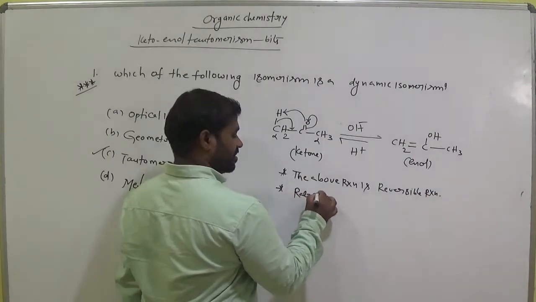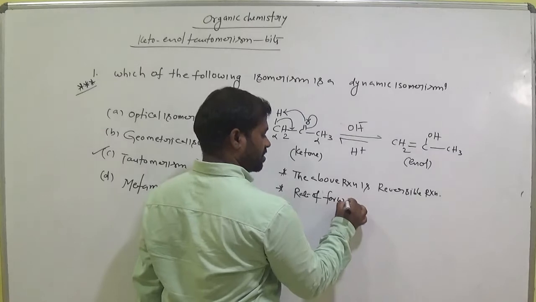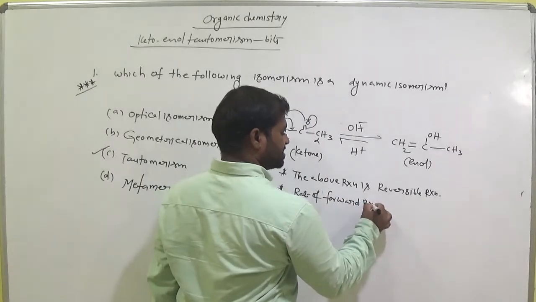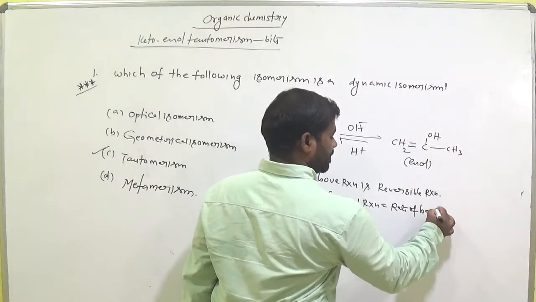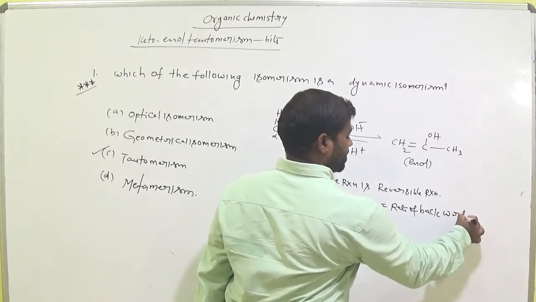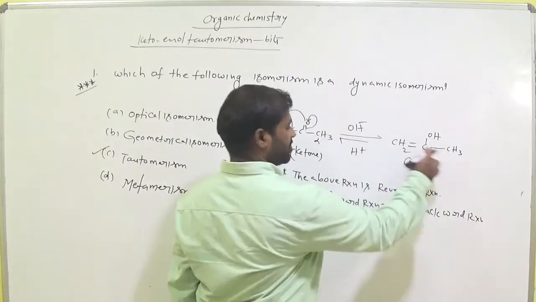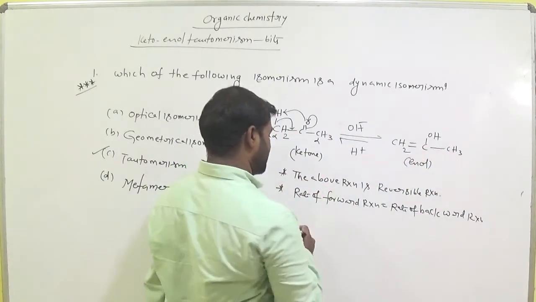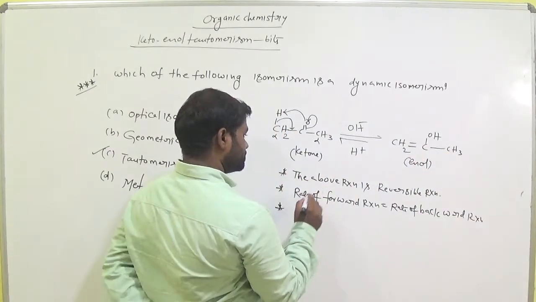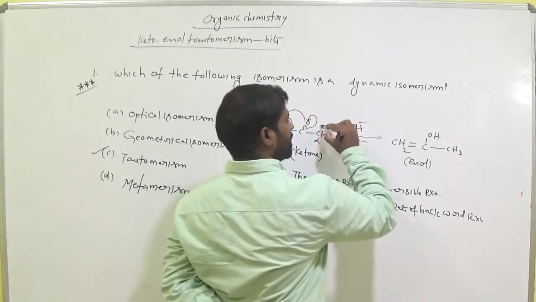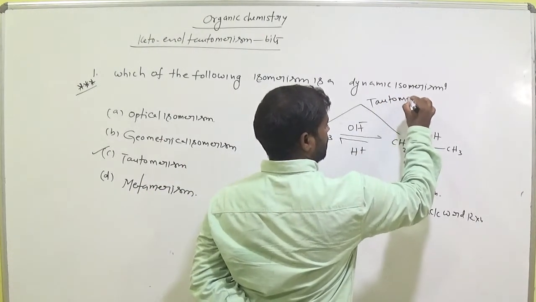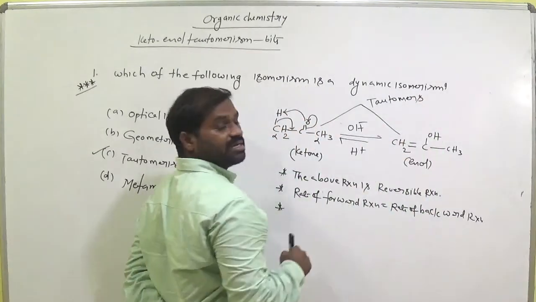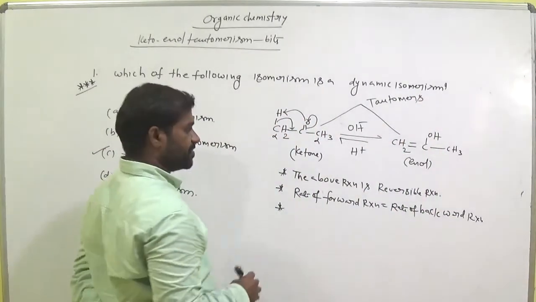Rate of forward reaction is equal to rate of backward reaction. And now these two are called tautomers. And this is tautomerism.